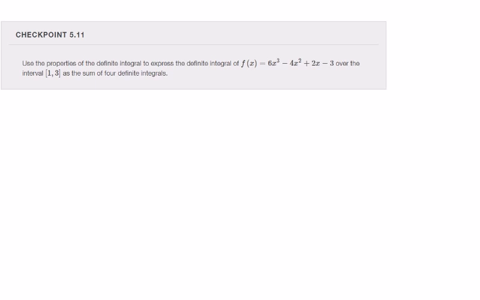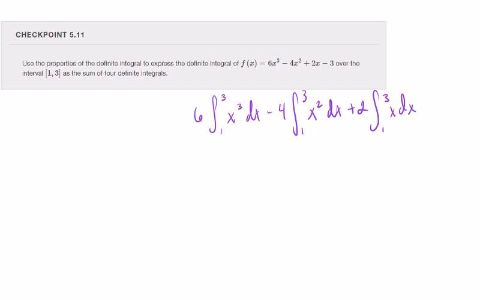If you got that, if you got 6 times the integral from 1 to 3 of x cubed dx minus 4 times the integral from 1 to 3 of x squared dx plus 2 times the integral from 1 to 3 of x dx minus the integral from 1 to 3 of 3 dx, then good job. All right, 1, 2, 3, 4.